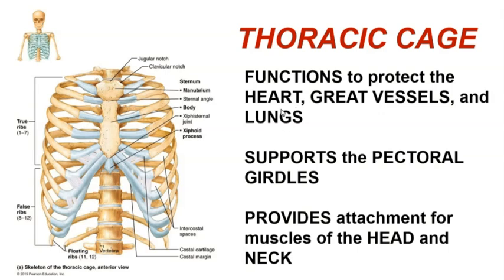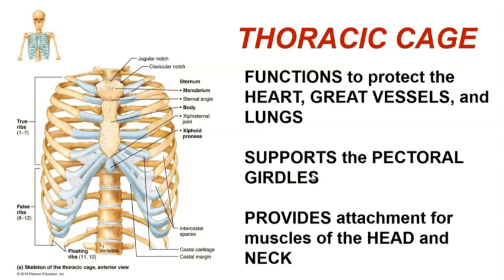And of course, on the lateral aspects of the thoracic cavity, we have the lungs. And so we've got several very important soft organs that need to be protected within the thoracic cage. The thoracic cage also provides structure and support for the pectoral girdles.